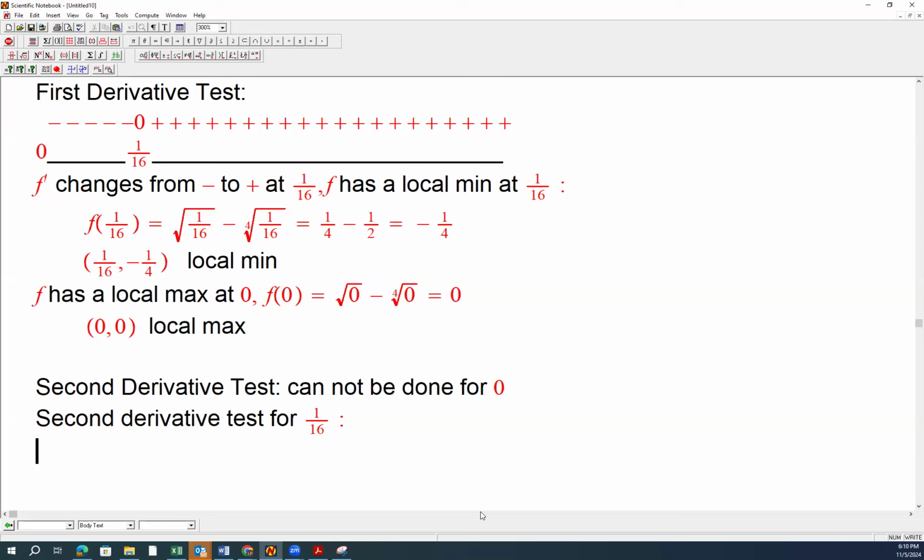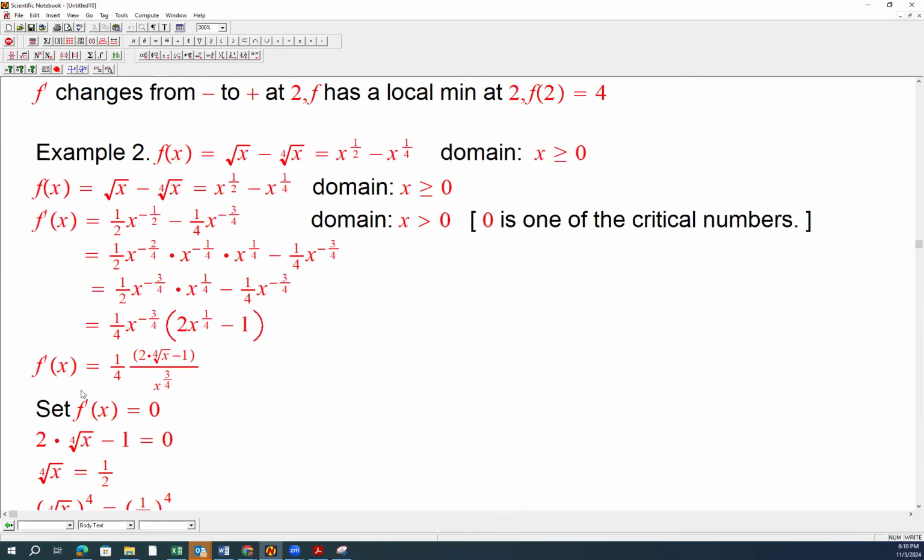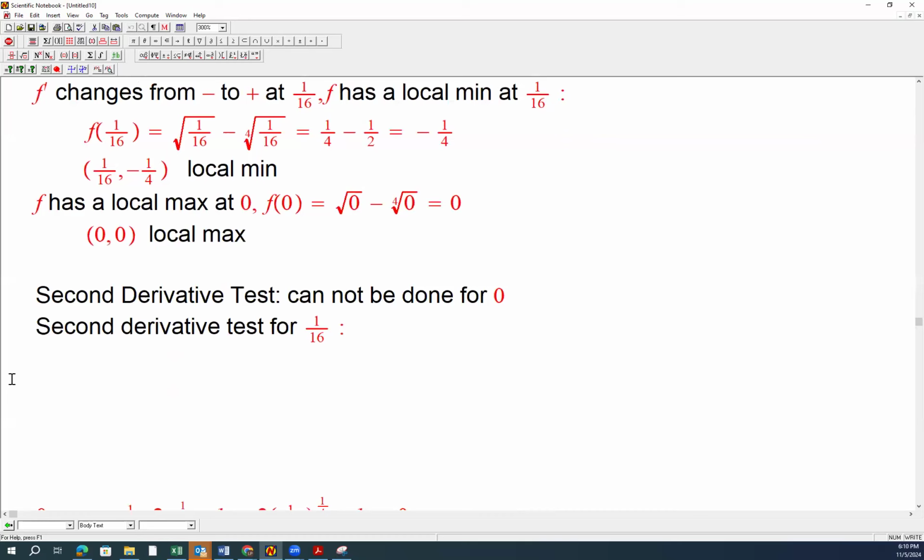Let's see. We're going to have to find the second derivative. We already have the first derivative. Obviously, we're not going to use these; we probably want to use this one to find the second derivative.